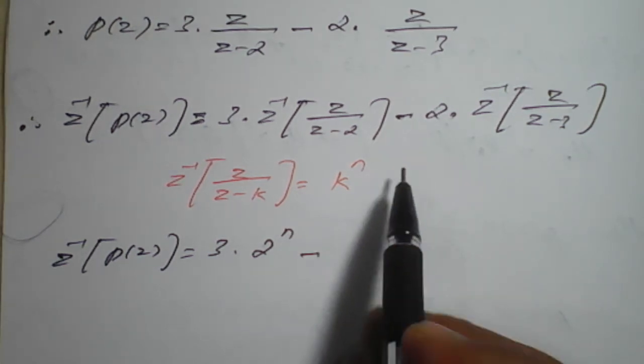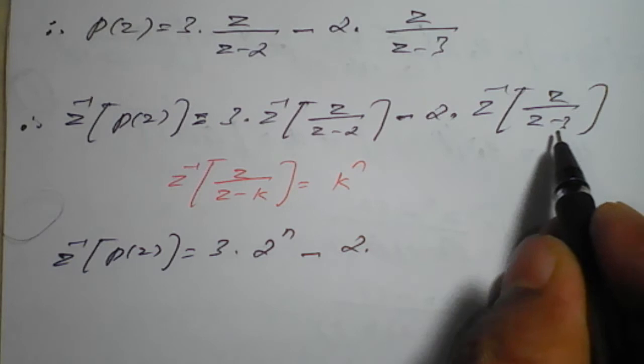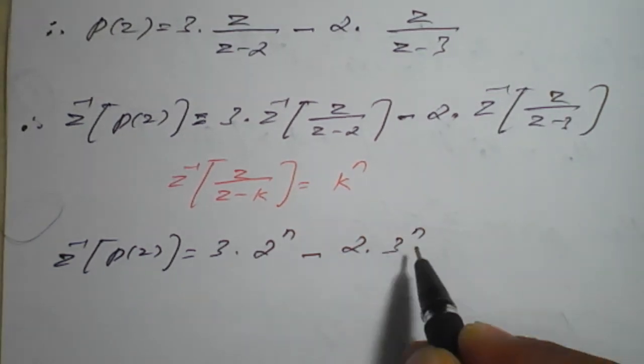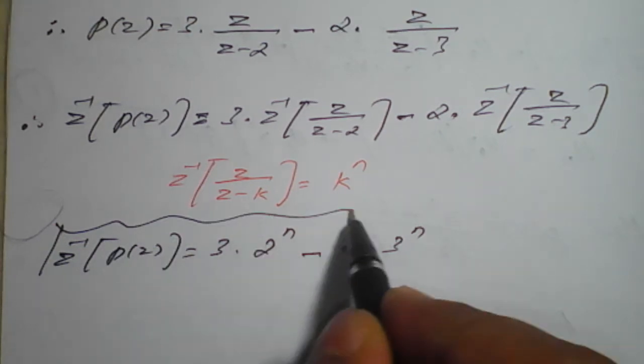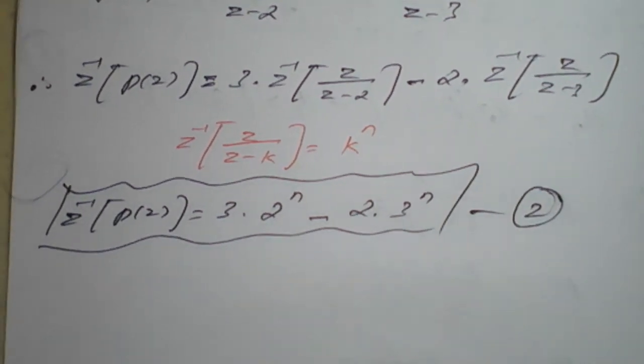Similarly, the value of k is here 3. So 2 into Z inverse of z divided by (z minus 3) is 3 raised to n. So we'll keep this as it is and I will give equation number 2.